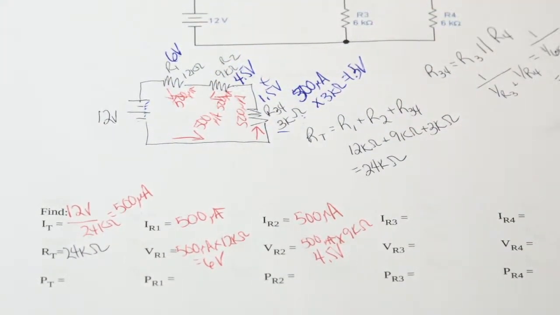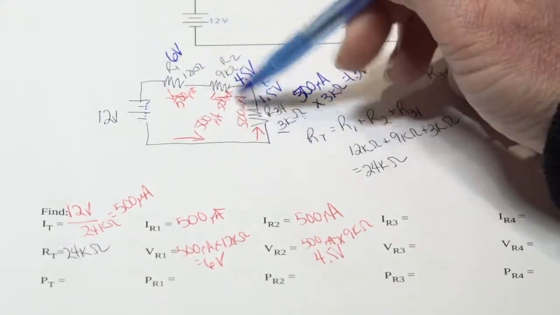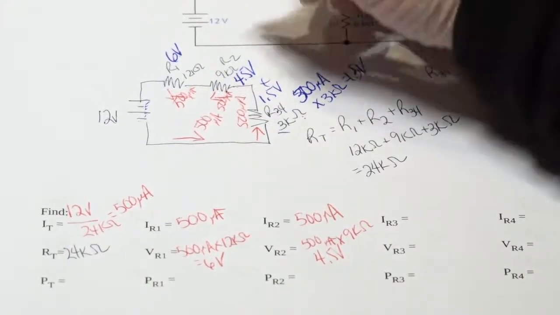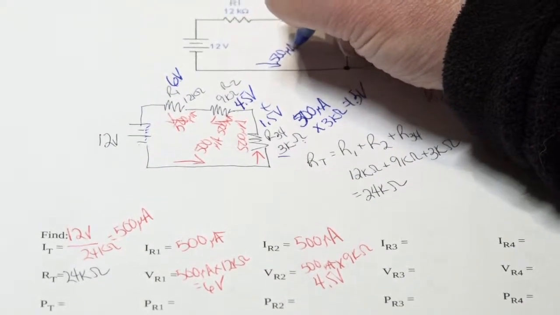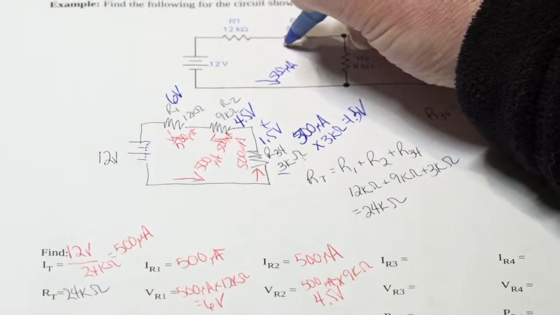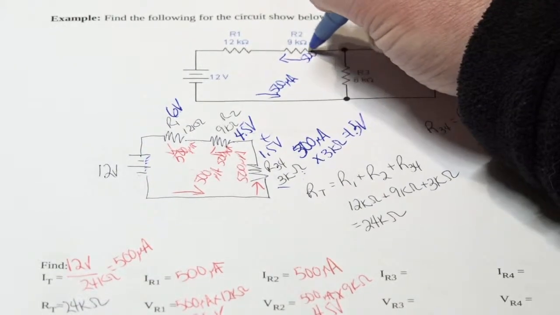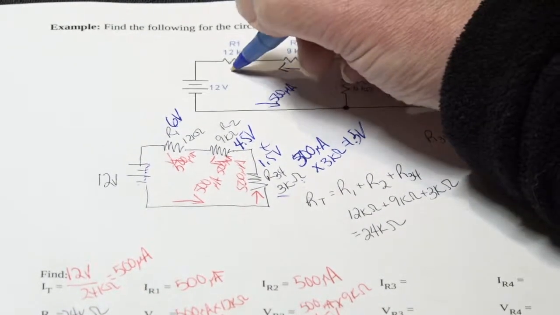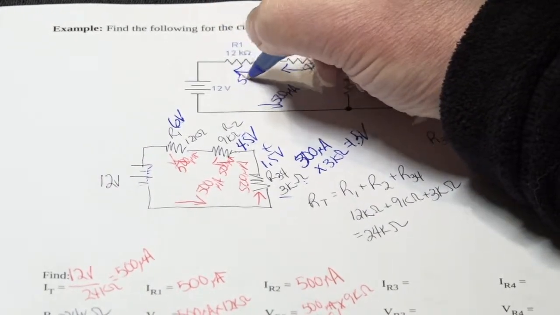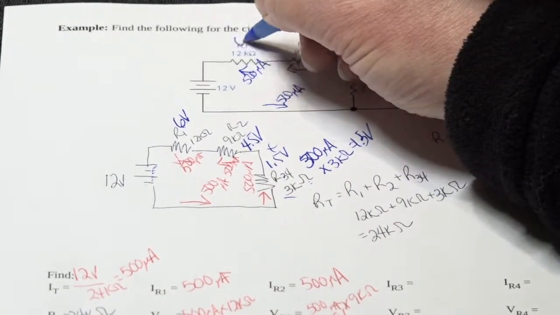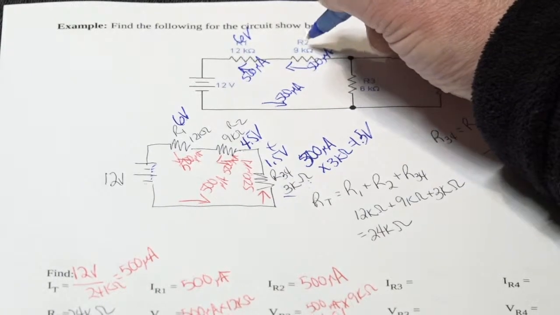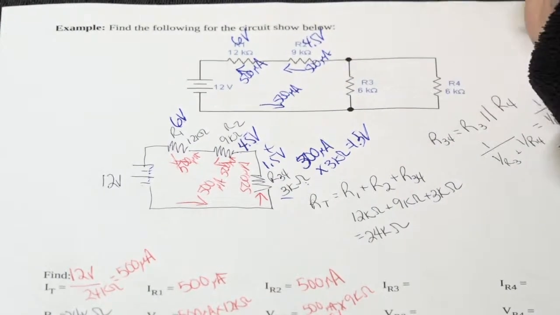Now, I'm going to take the information we found out down here, because we said, all right, we got 500 microamps going through here. We got 500 microamps coming back and going through here. Now, we said we found this to be 6 volts, and we found this to be 4.5 volts.